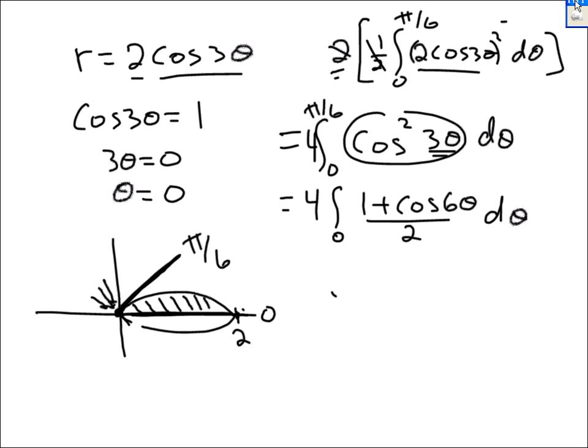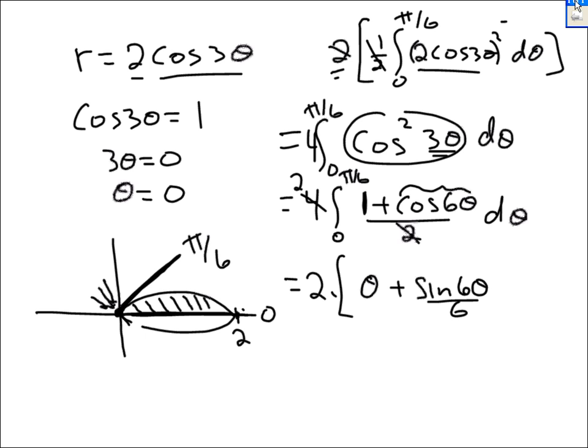Again, we integrate from 0 to pi over 6. Coincidentally, 2 goes into the 4 two times. We have 2. The integral of 1 is theta. The integral of cosine 6 theta is plus the sine of 6 theta over 6, from 0 to pi over 6.